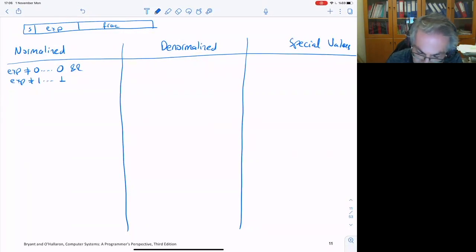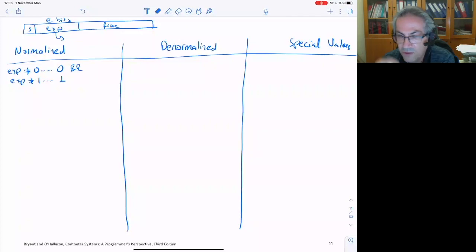Now let's think about this exponent part. Remember that I have a number of bits here. Let's say that I have e bits. With this exponent, I want to represent both positive exponents and negative exponents. Remember, I want to represent, say, 2 to the power 23 or 2 to the power minus 23.